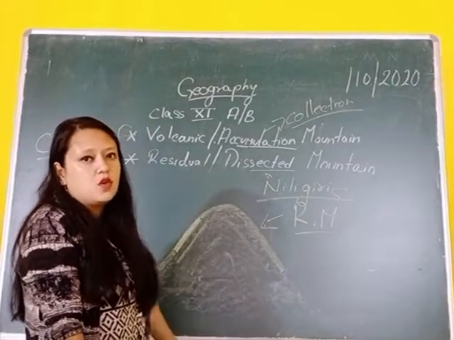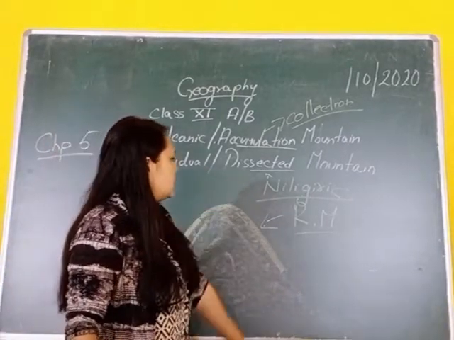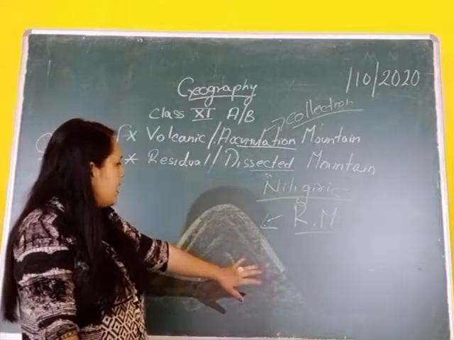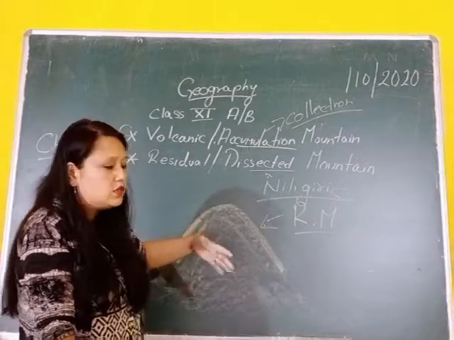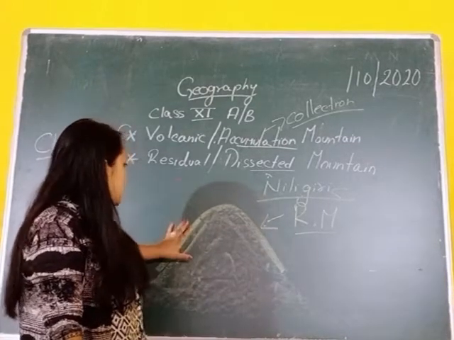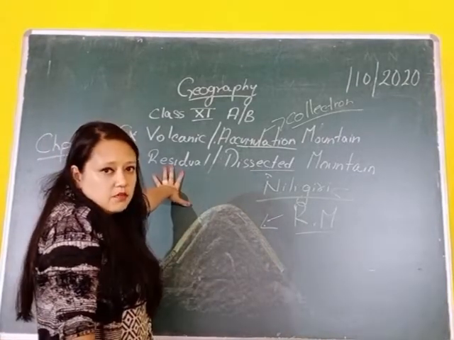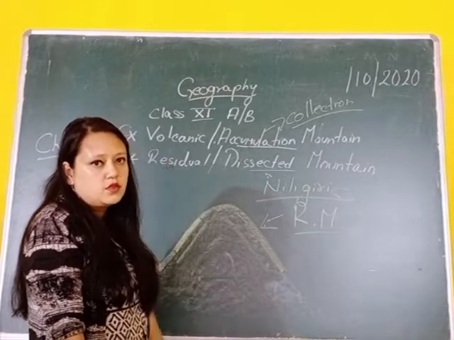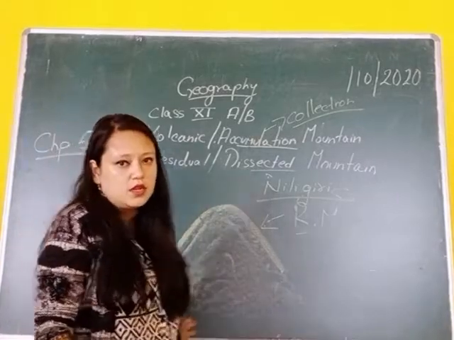That is why, because of the different agents of denudation, the topmost layer, which had soft rock, soft mud, was eroded, and finally what is left, or what is exposed, is the hard rocks. So this type of mountain is known as the residual or the dissected mountain, also known as the mountain of denudation. Okay, so today we shall be doing only till here.